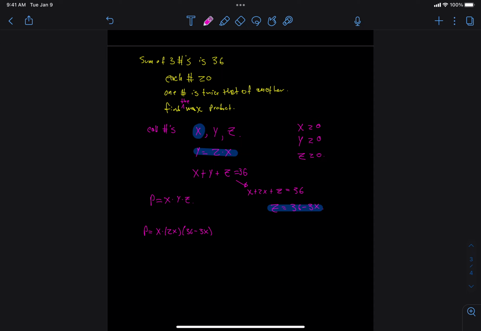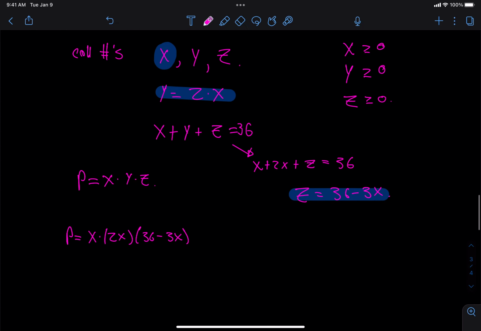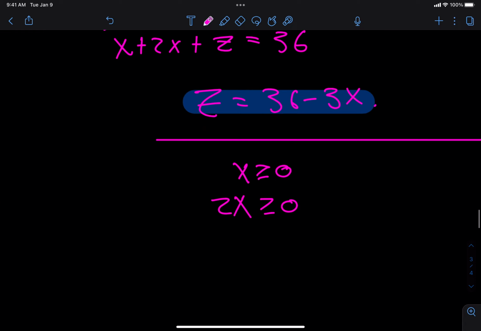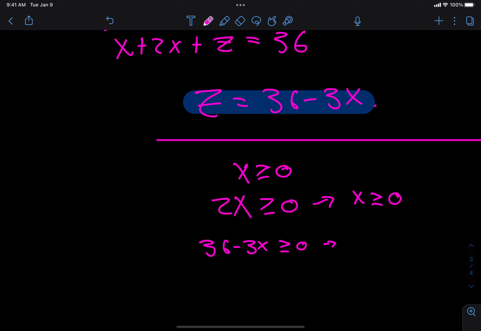So if we rewrite all of these inequalities in terms of x, we get the following. We have x is larger than or equal to 0. 2x is larger than or equal to 0, which, by the way, is equivalent to the first condition, because that would mean x is larger than or equal to 0 if you divide both sides by 2. And then finally, we have 36 minus 3x is larger than or equal to 0, which, if you move 3x to the other side, gives us 36 is larger than or equal to 3x, and therefore 12 is larger than or equal to x.